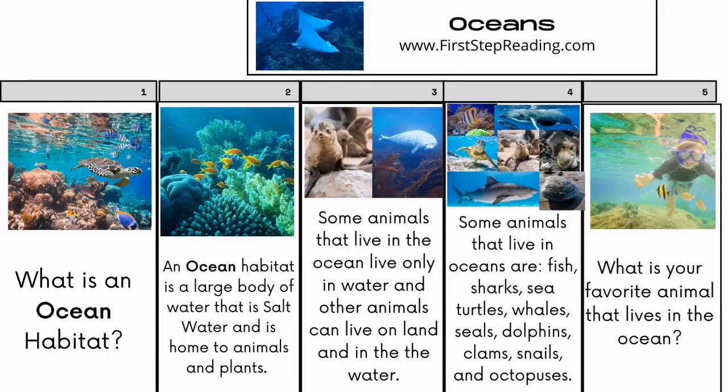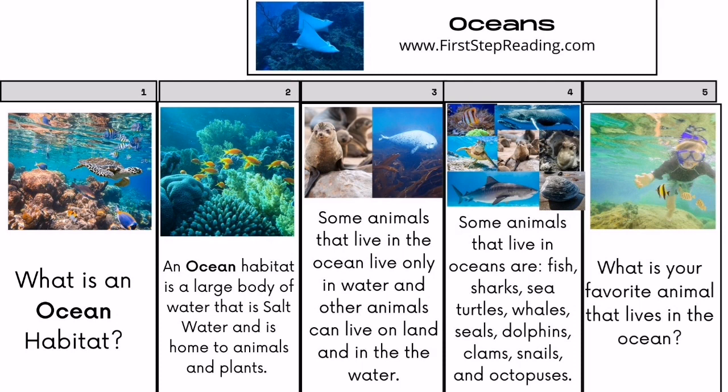So first, let's talk about oceans by reading our story. What is an ocean habitat? An ocean habitat is a large body of water that is salt water and is home to animals and plants. Some animals that live in the ocean live only in the water, and other animals can live on land and in the water.